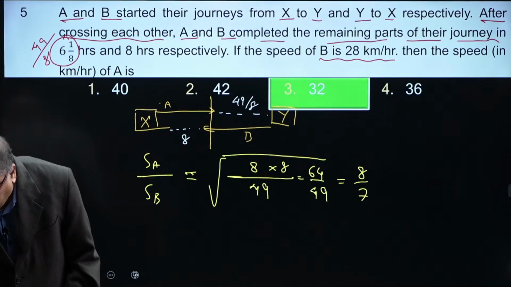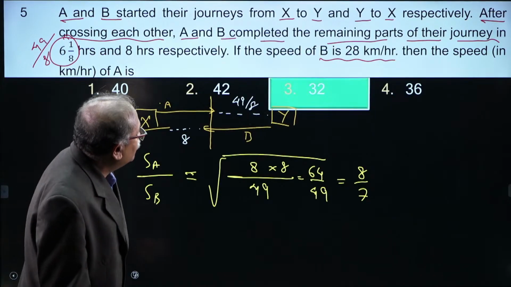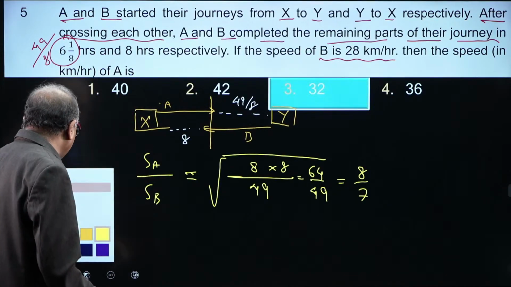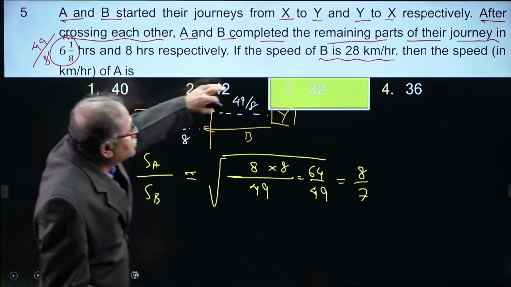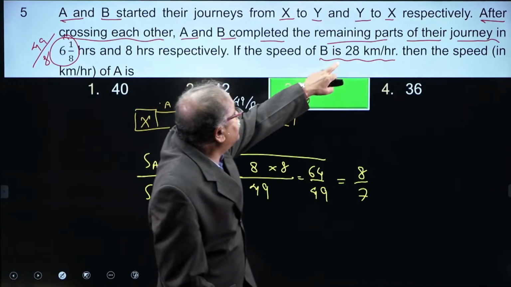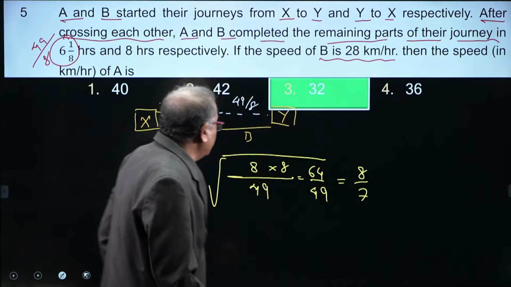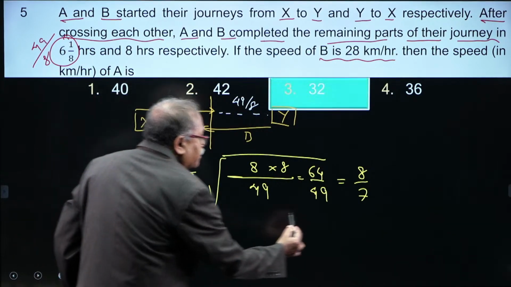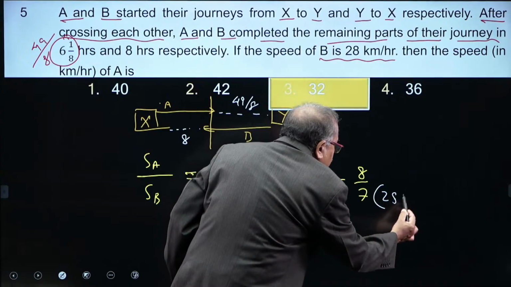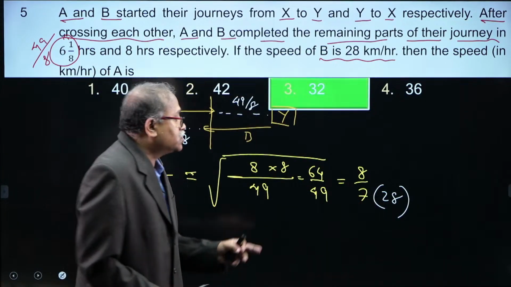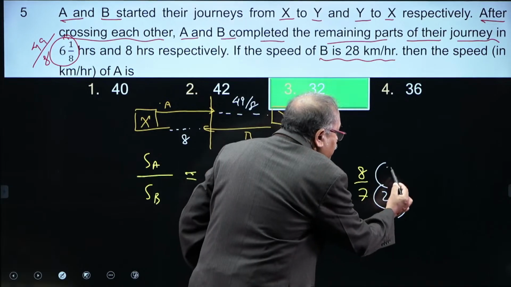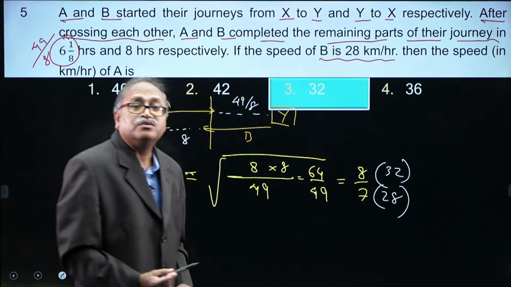So, 42, you are saying 42, let me complete this. I do not say that your answer is wrong, sometimes I may slip. B speed is 28, this is B. If this is 28, then 4 times 7 is 28. So, this is also 4 times 8, which is 32.